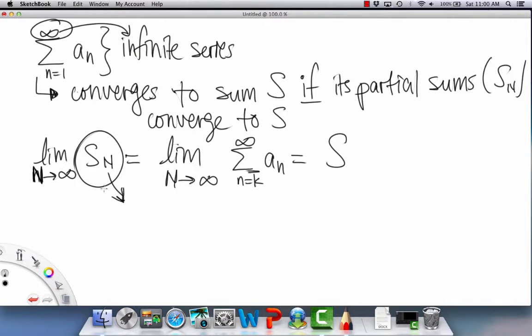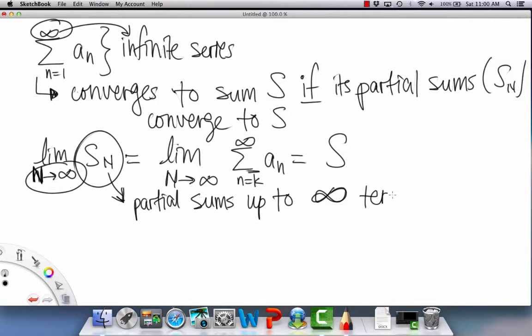So now what this means is we're just taking the partial sums up to, this is going to be very grammatically wrong, the infinity term, something like that. Yeah, so we're just taking as many terms as we can possibly calculate, kind of thing.